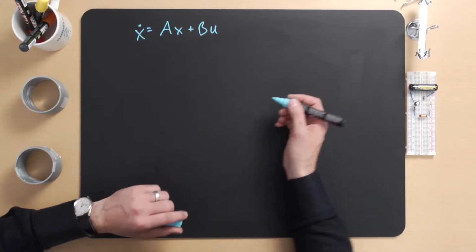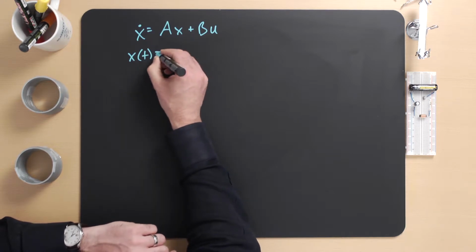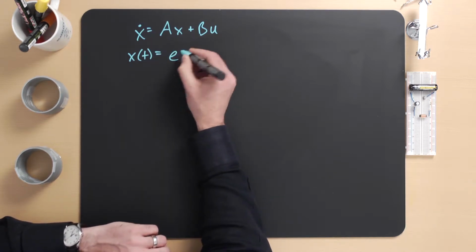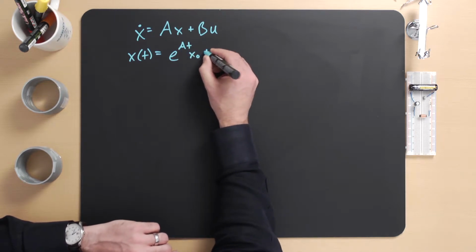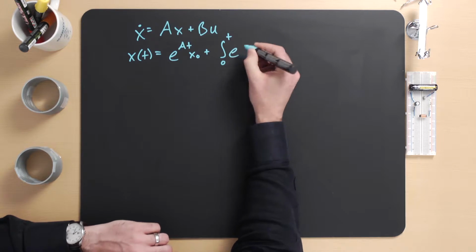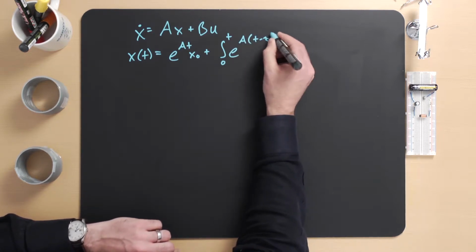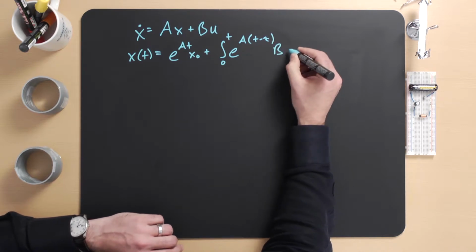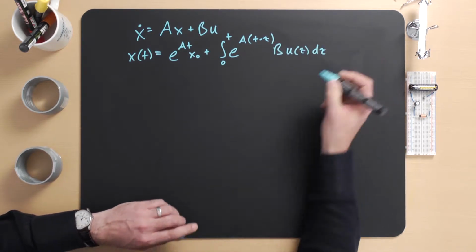The solution to this ODE is x of t is equal to e to the at x0 plus the integral from 0 to t of e to the a times (t minus tau) times b times u of tau d tau. This is called the convolution equation.